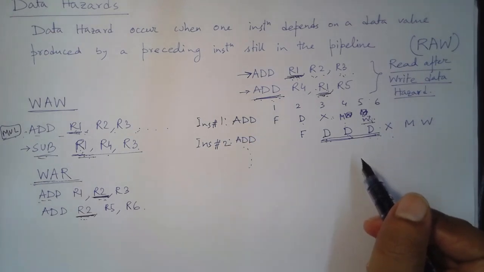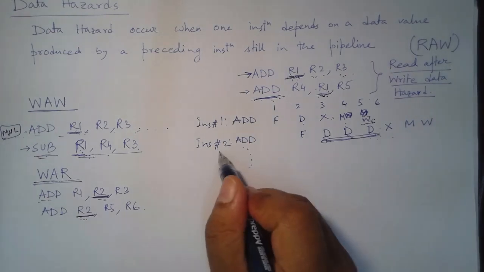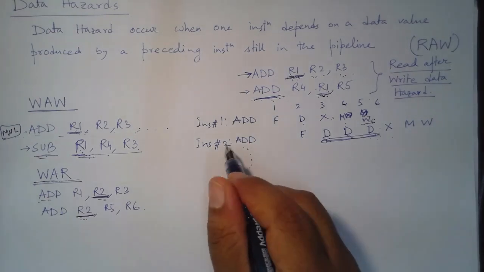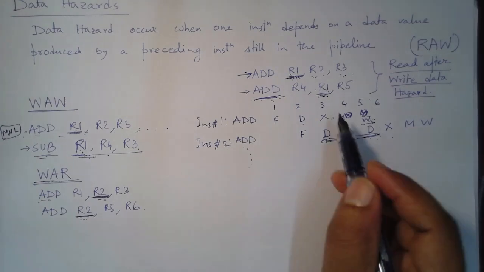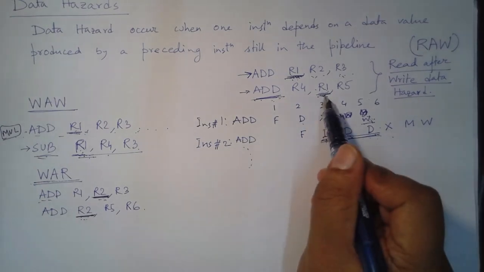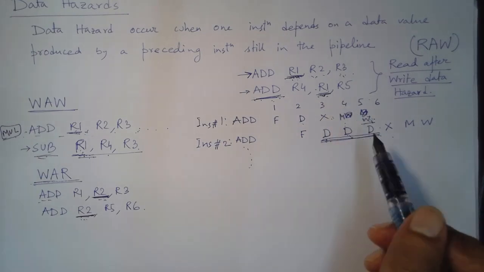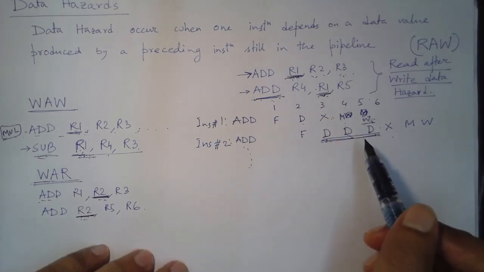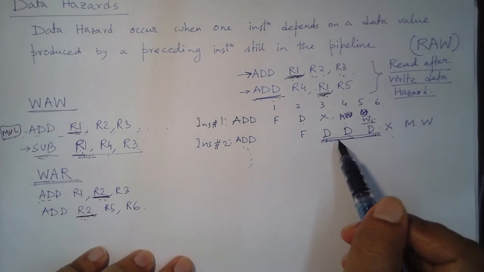Now, when this instruction number 2 will require the value of R1, this value of R1 is required in the execution stage, when instruction 2 moves to execution stage, right.